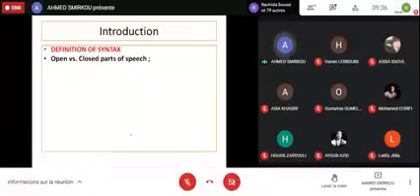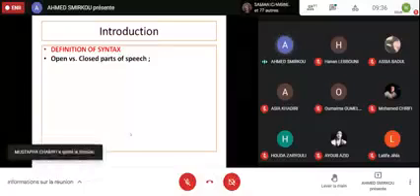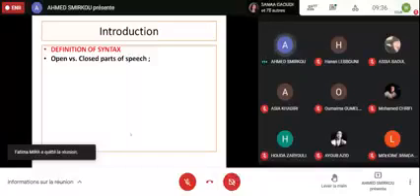For example, take the word communication: you can say communicative, communicational, so you can add suffixes and prefixes to the words. These words are nouns.